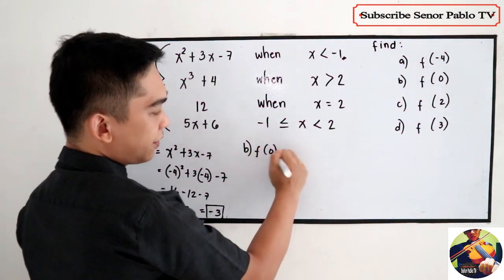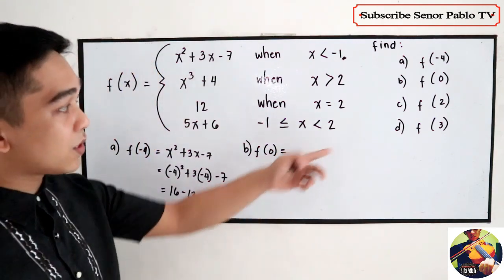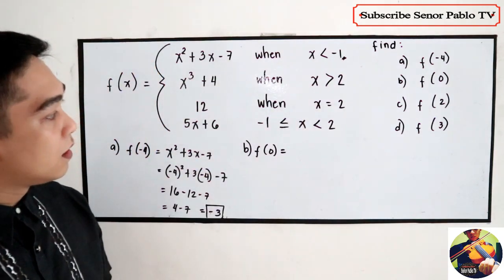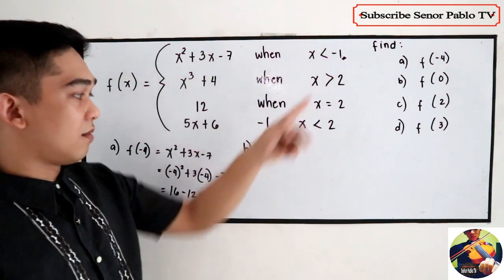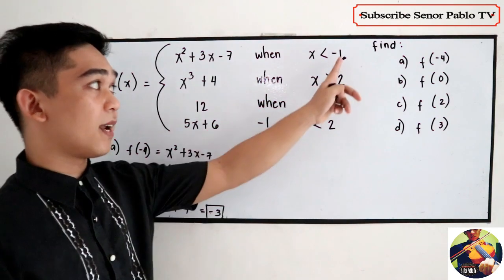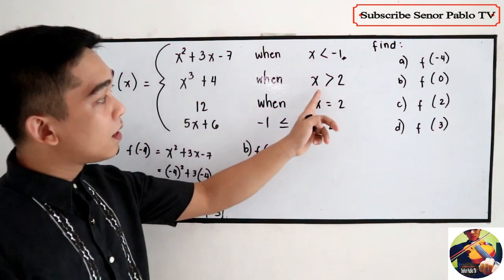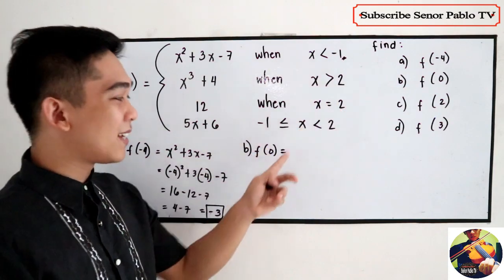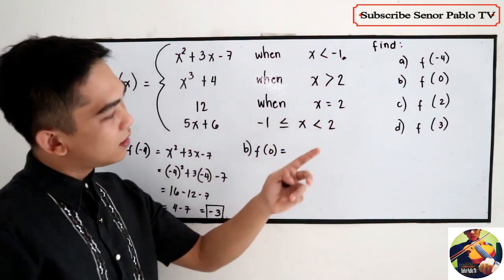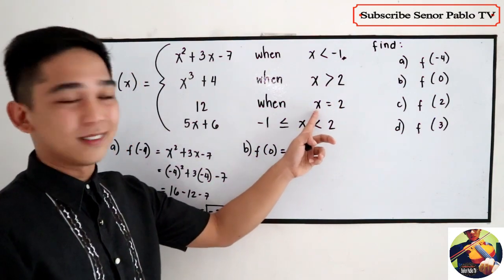F of 0. Saan pasok si 0 sa condition natin? X is less than negative 1. No. 0 ay mas malaki sa negative 1. X is greater than 2. Hindi din. Mas maliit si 0 kay 2. Siyempre, hindi na din to.